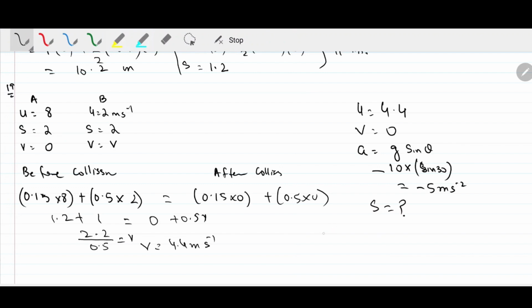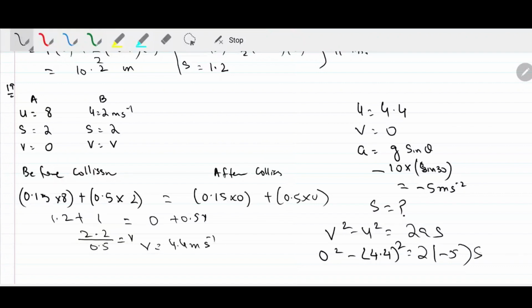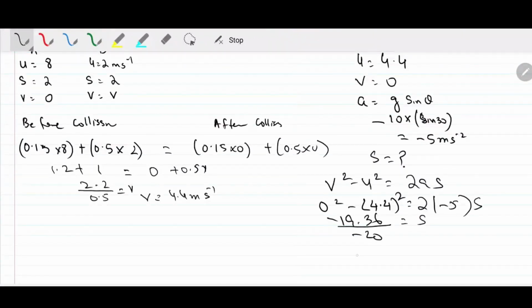So let's check. V squared minus U squared is 2AS. 0 squared minus 4.4 squared is 2 into minus 5S. 4.4 squared is 19.36 upon minus 20. S is 0.968, which is less than 2 meters.